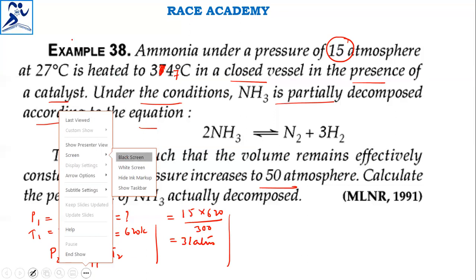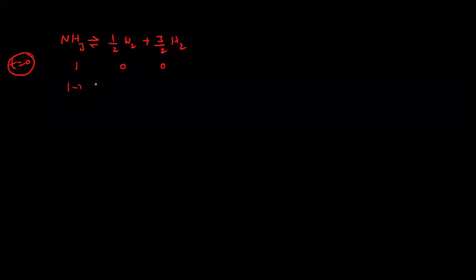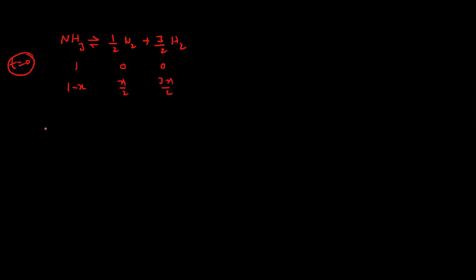Right. The equation is NH3 in equilibrium with 1 by 2 N2 plus 3 by 2 H2. If you consider the initial condition, as you know, it is 1, 0, 0 initially at time 0. Once the x value is considered, this dissociation considered, it will be 1 minus x, x by 2, 3x by 2.